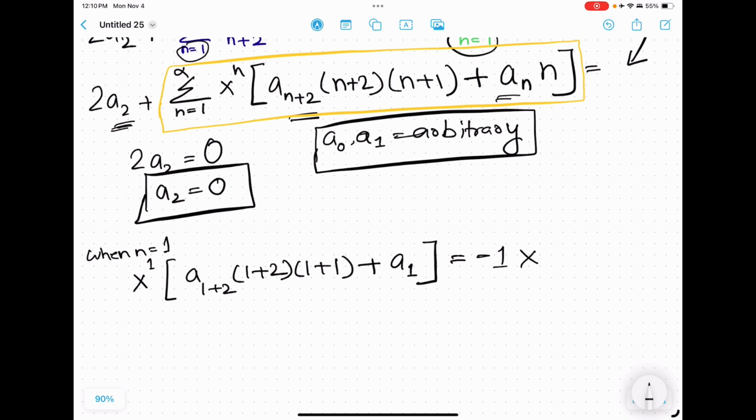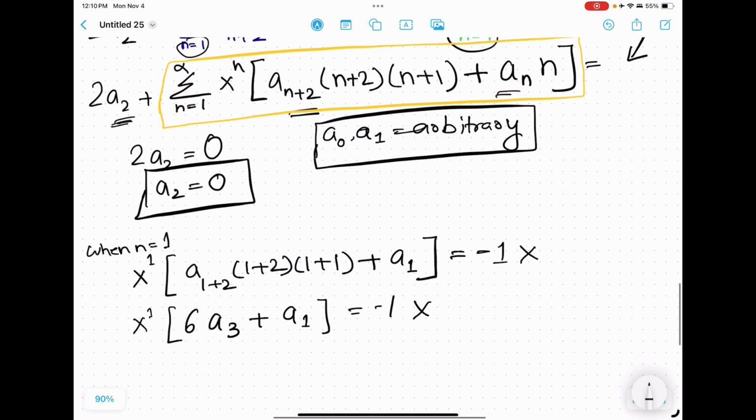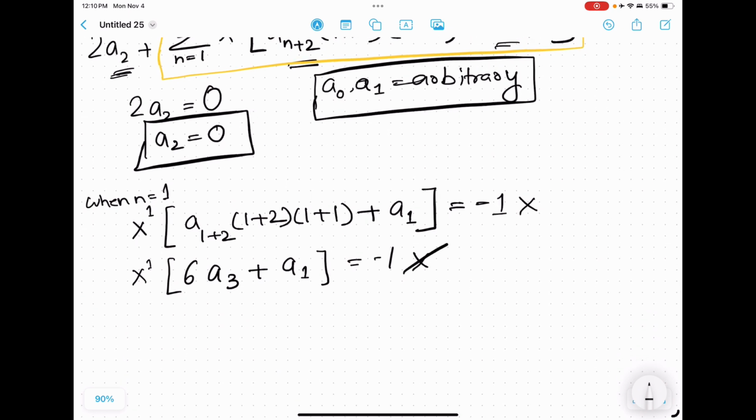If I simplify that, I have 2 plus 1, which is 3, and then 1 plus 1, which is 2. So 3 times 2 is 6. And then I have my a sub 3 plus a sub 1, which is negative 1x. The x's cancel out. So I have 6 a sub 3 plus a sub 1 equals negative 1.